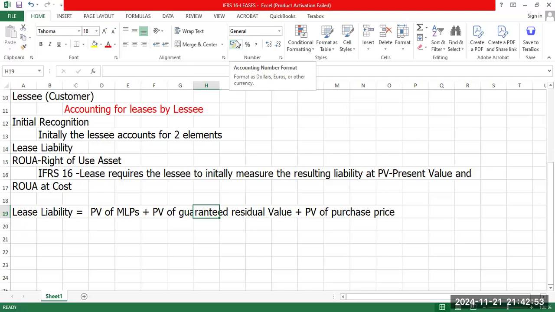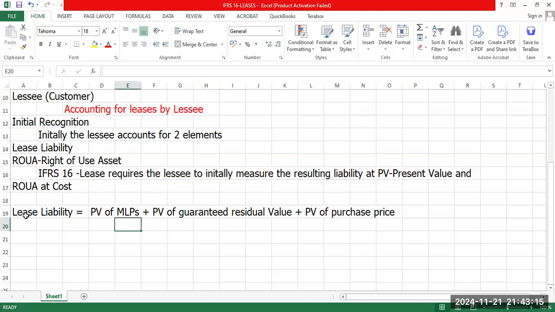That last part where we get the current liability and the non-current liability. No, this one is also there. This one is also there. So that's because you see, to know how it is applied.